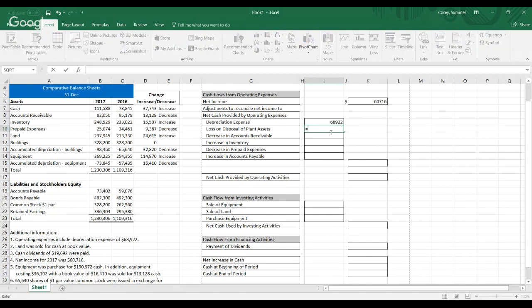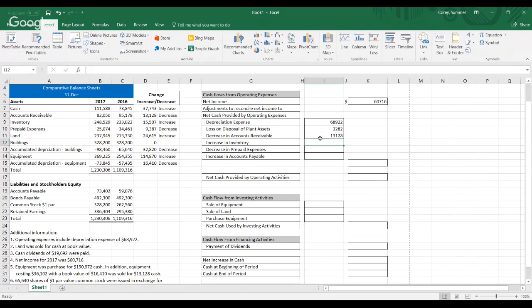So I'm just going to do 16,410 minus 13,128, and that will give us our loss of 3,282. And then we have our decrease in accounts receivable. If you come over here and look, the difference is 13,128. So we'll put that there.